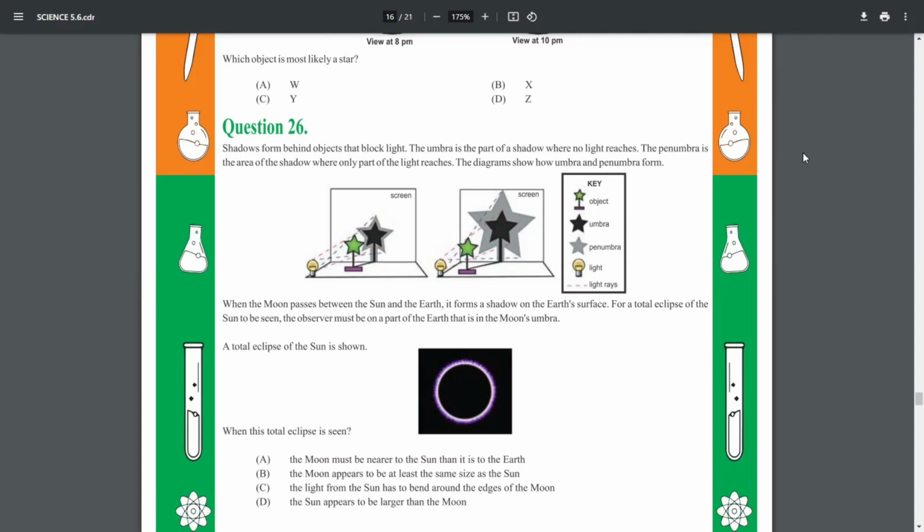When the moon passes between the sun and the earth, it forms a shadow on the earth's surface. For a total eclipse of the sun to be seen, the observer must be on a part of the earth that is in the moon's umbra. A total eclipse of the sun is shown. When this total eclipse is seen, the correct option is B. The moon appears to be at least the same size as the sun.